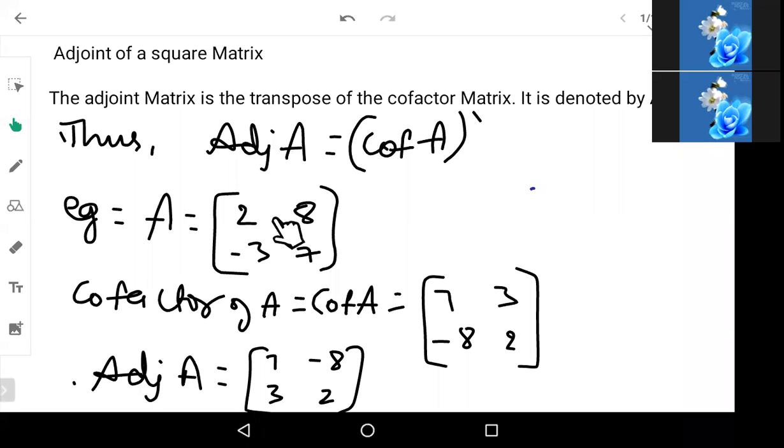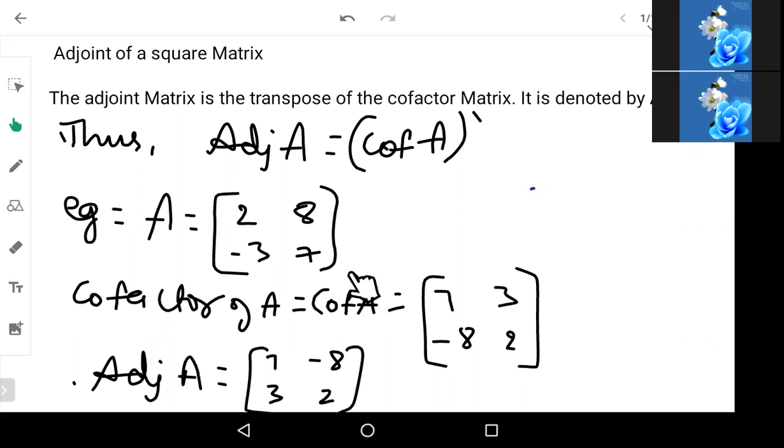Now let us take this example. There is a matrix A. For this matrix A, they have found the cofactors. The cofactors of this matrix A are 7, 3, minus 8, 2. This is the same problem that we did just now.